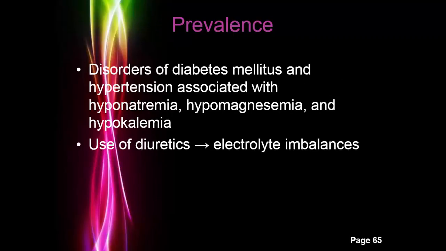Prevalence. Disorders of diabetes and hypertension are associated with hyponatremia, hypomagnesemia, and hypokalemia. Use of diuretics can cause electrolyte imbalances. Also, benzodiazepines are associated with electrolyte imbalances.